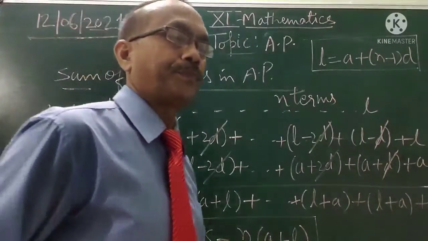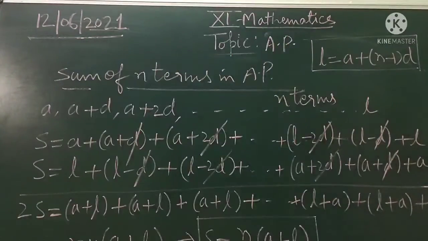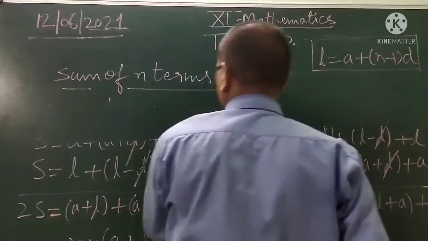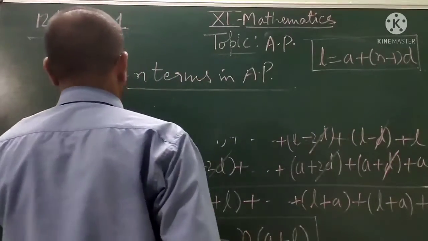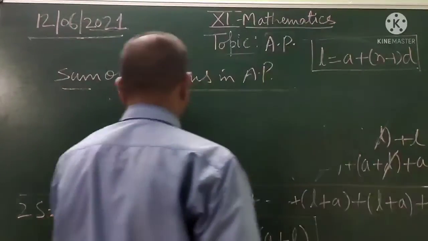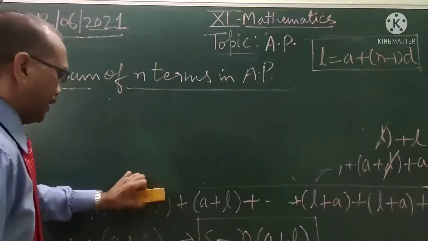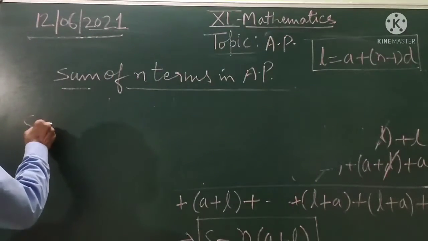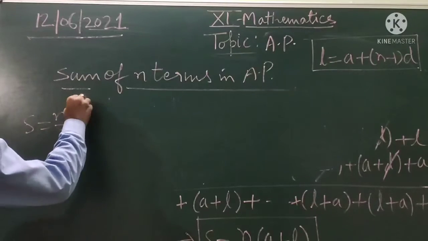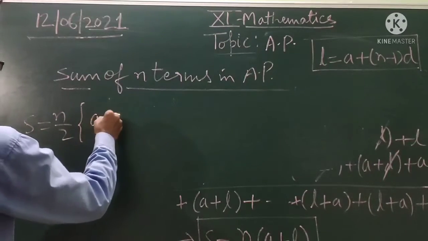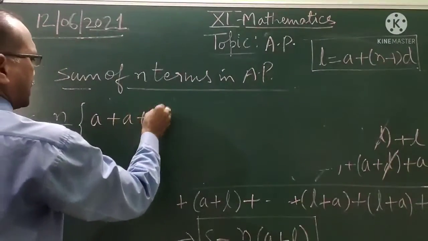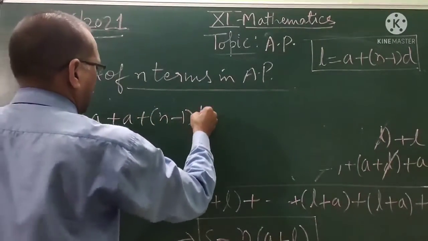Student, if we put the value of L, then this addition becomes, if we put L, then S equal to n by 2 bracket a plus the value of L. What is L? L is a plus (n minus 1) into d.